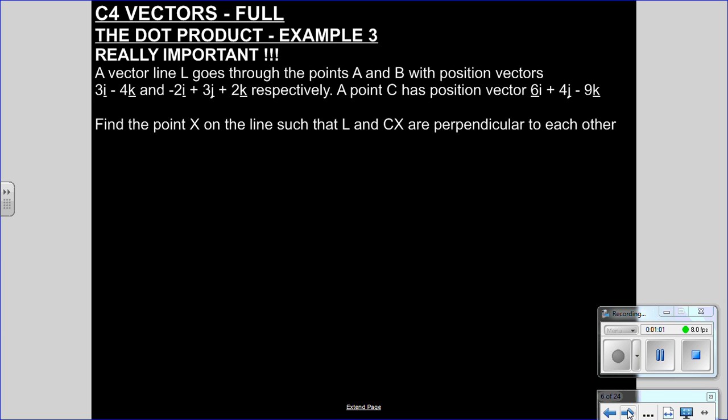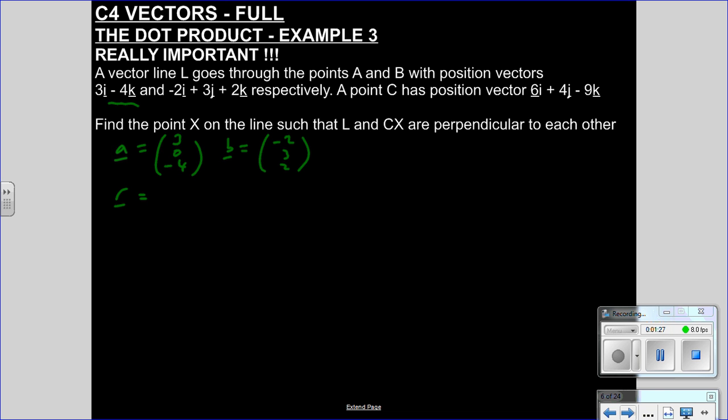This is really important. So a vector line L goes through the points A and B with position vectors, blah, blah, blah. We should be very comfortable now. Just be careful, that's minus 4k, and there's no j. We should be comfortable with constructing line equations now. A vector line goes through that.